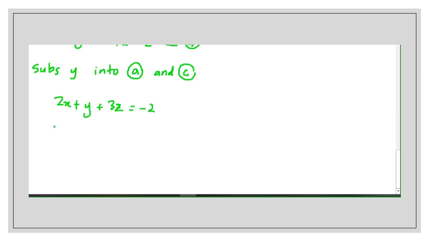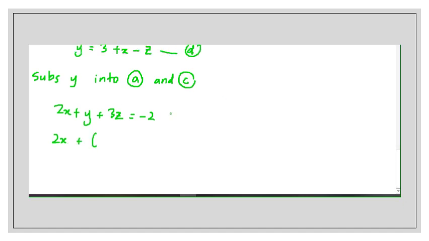Then substitute your value of y: 2x plus your y just now, which is 3 plus x minus z, plus 3z equal to negative 2. And then simplify, we get 3x plus 2z equal to negative 5. Okay, this is your new equation, equation E.